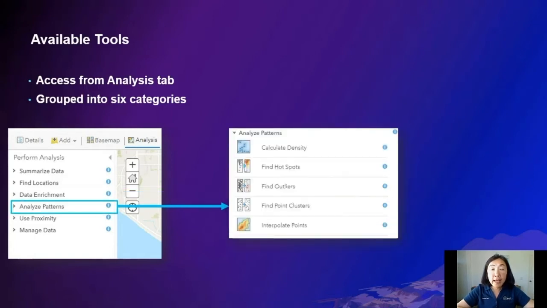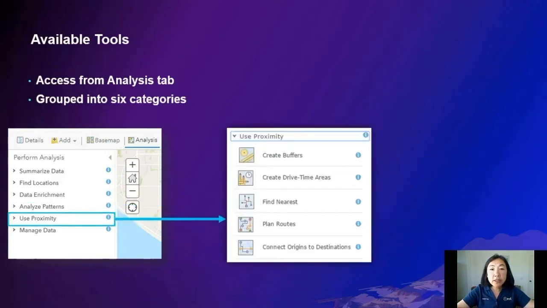The tools in Analyze Patterns category help you identify, quantify, and visualize spatial patterns in your data. For example, you can use the Calculate Density tool to estimate and visualize patterns of crime incidents or risks of forest fires.